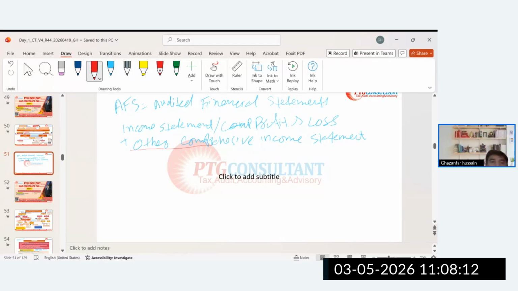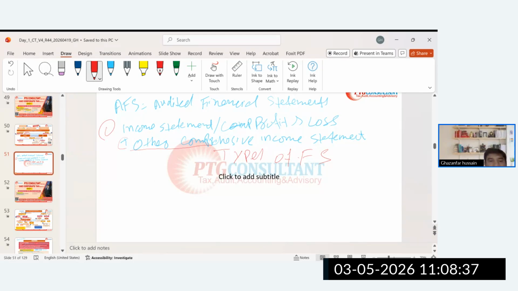So the first question is about the types of audited financial statement, or we can simply say financial statements, with audited as the additional word. The first point is the income statement, profit and loss, and other comprehensive income. Commonly it is seen as one, but actually it is two.